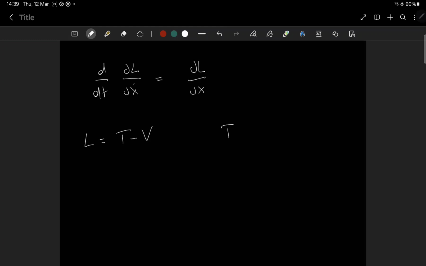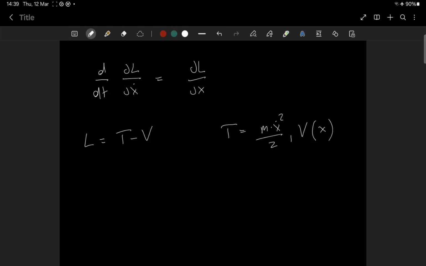So the kinetic energy for a particle is just m times ẋ squared over two. Now the potential energy usually only varies with x. In this case we're only considering one dimension, so the potential is a function of x.